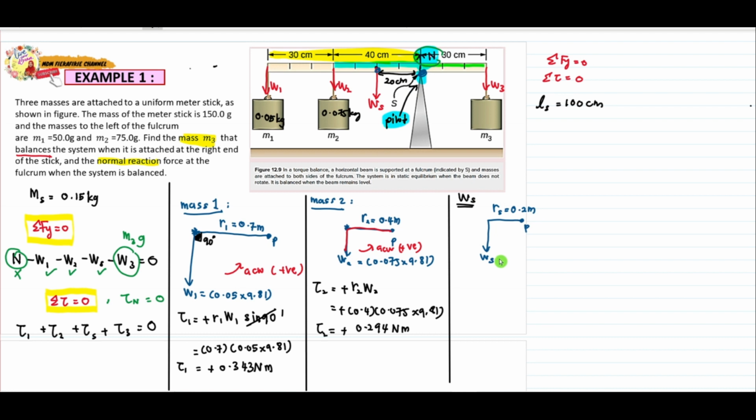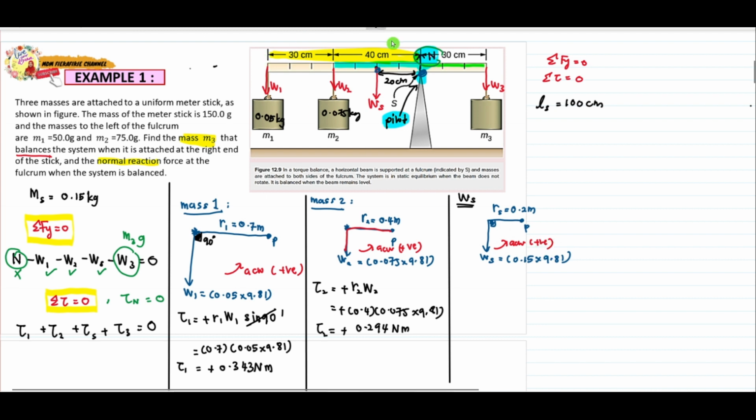Okay, and the mass of the stick is given 150 gram. So kita tukar kepada kg, and let's find the weight. 0.15 times 9.81, and it is 90 degree. Okay, so the direction also anti-clockwise direction.